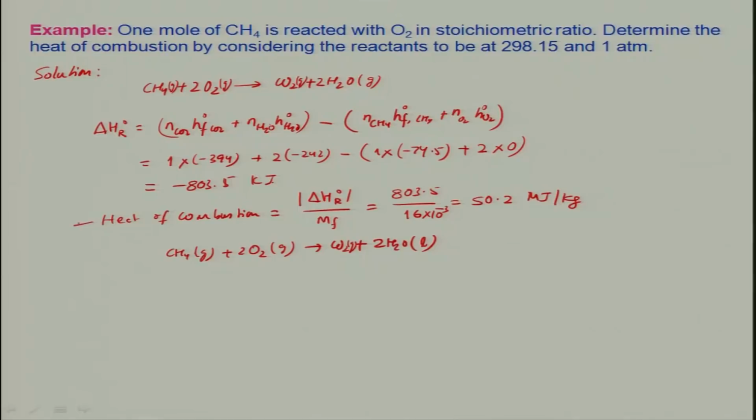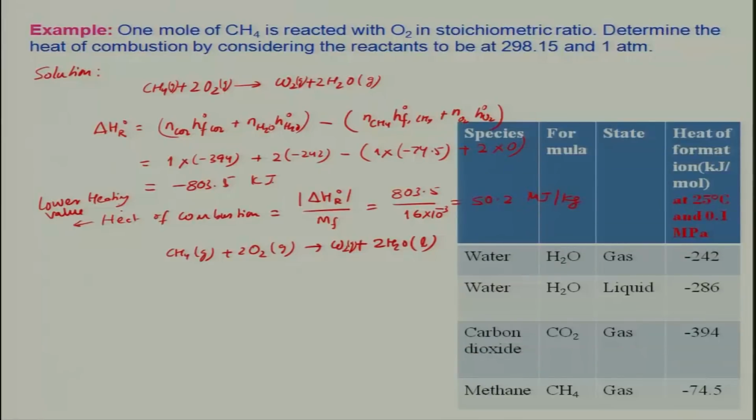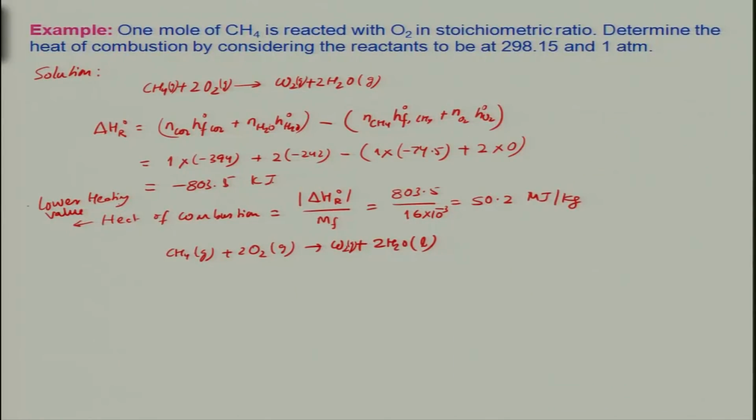Because this heating value is basically the lower heating value. I have given the table here. Now I can use the same expression, which I call equation 1, for the liquid case.